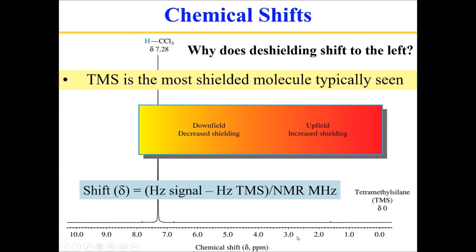Well, higher shift values correspond to higher energy photons, which corresponds to less electron density, which is the definition of de-shielding. So it really is kind of a confusing vocabulary that we use, but when you see these, you have to start at the 0 point and work your way to the left, knowing that the further to the left you go, the less and less electron density is going to be found around the different hydrogens that you're looking at.